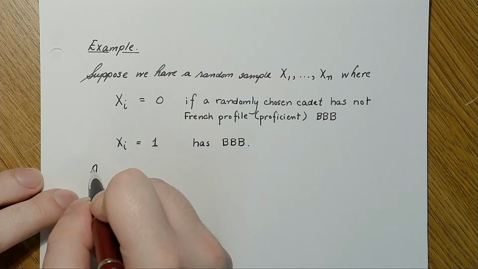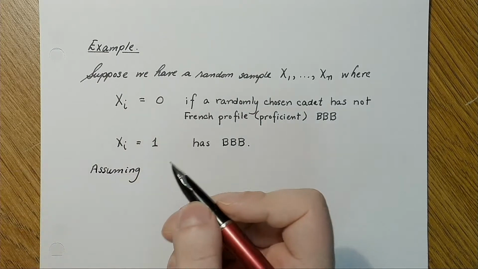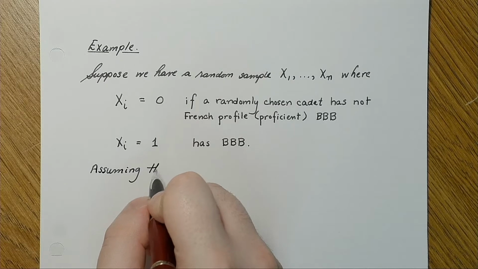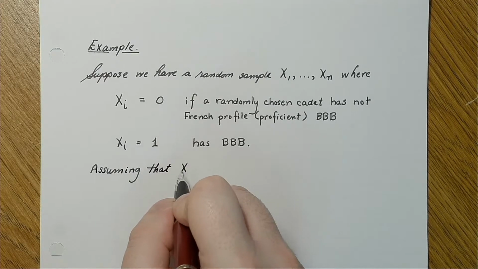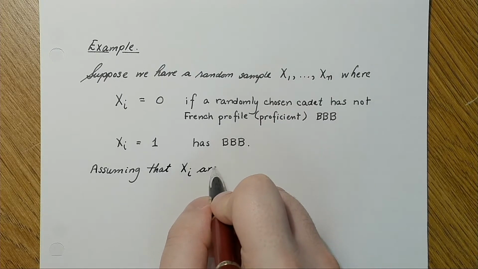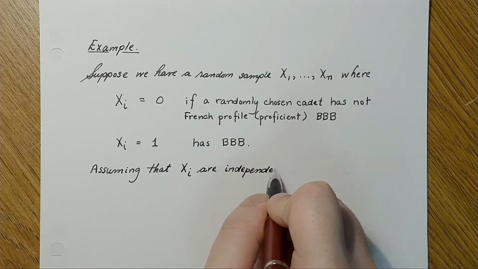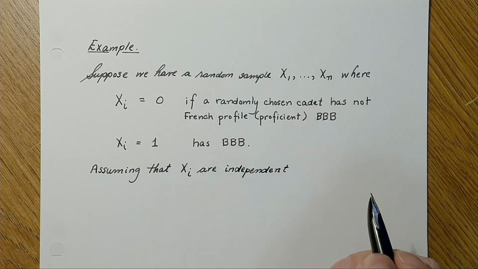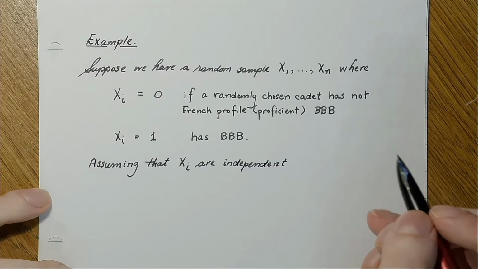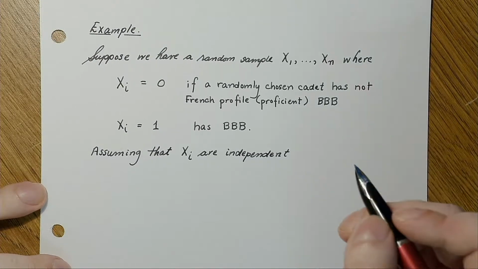So assuming that each of these random variables are independent, meaning that one student doesn't affect the other student's probability of having it.